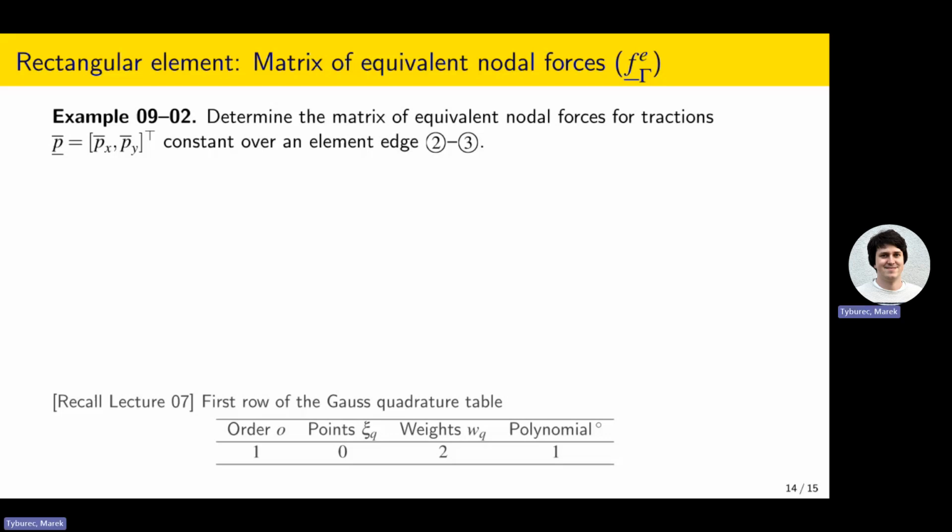And so again, if you think about it, what does this result mean? It means essentially that we take this Px component, we evaluate the resultant force, which is Px times Ly, because the length of the edge, times t, which is the thickness.